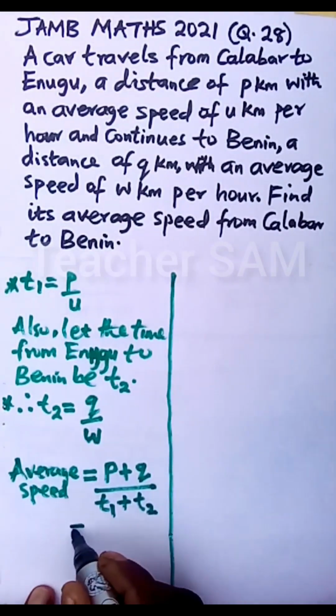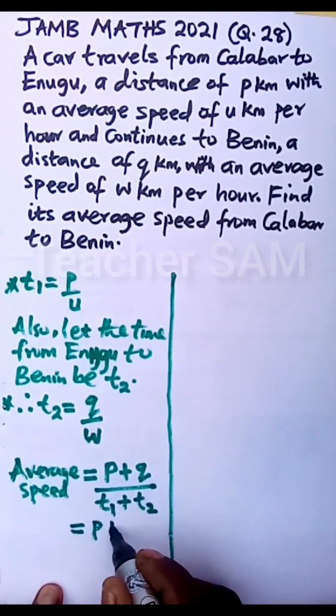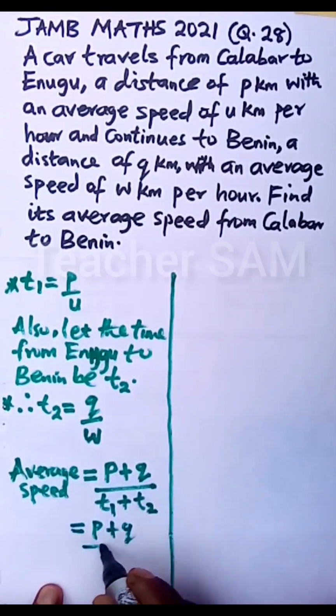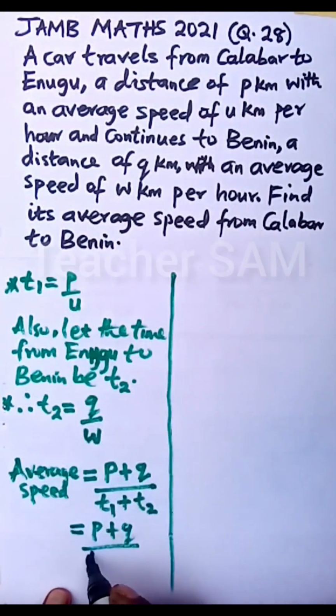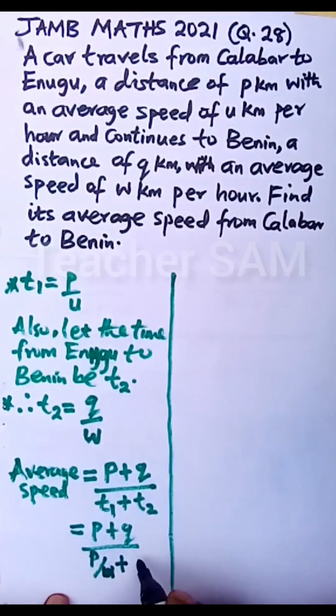So we can substitute their values now. So we have P plus Q all over the P, T1 is P over U plus T2 is Q over W. So we can bring up that to the next line.